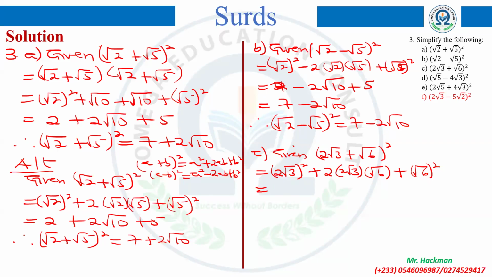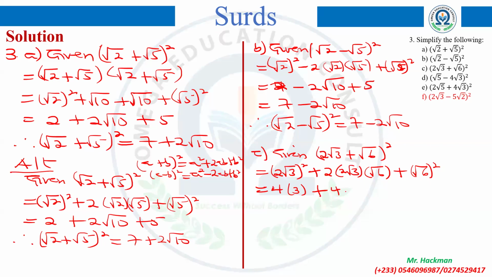So this will give you 2 squared, which is 4, times root of 3 squared, which gives us 3. Is that clear? Then plus, now we are going to multiply: the non-radicals will multiply. So 2 times 2 times 1 will give us 4.